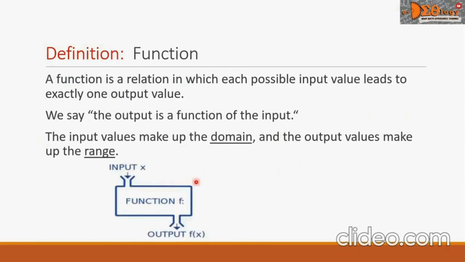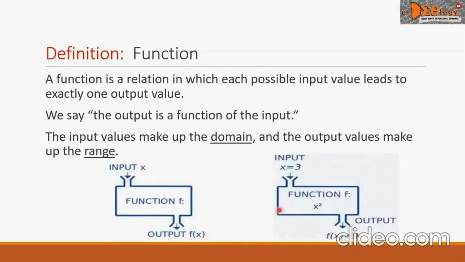We can think of a function as a machine. We will input an x and we expect an output y, or we say f of x. An example is here. Our function is x squared. When we input a value x, which is 3, it will come inside the function and the output will be the value 9, and that is the value of y.